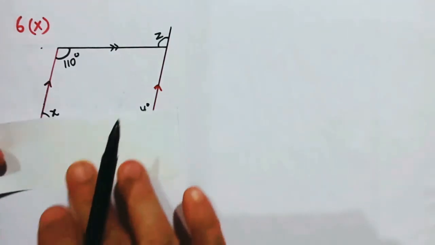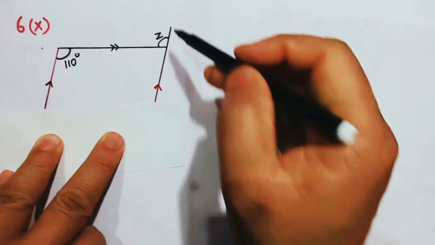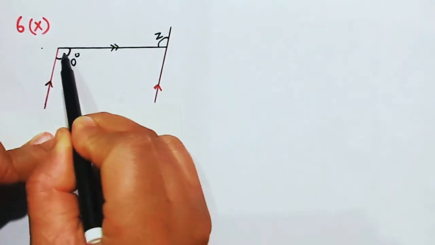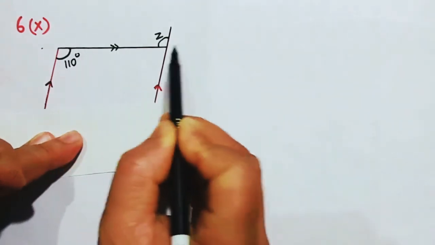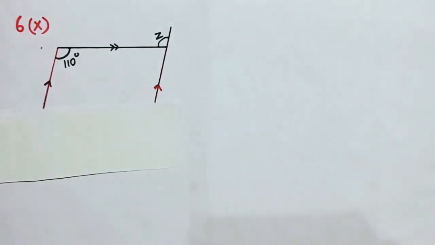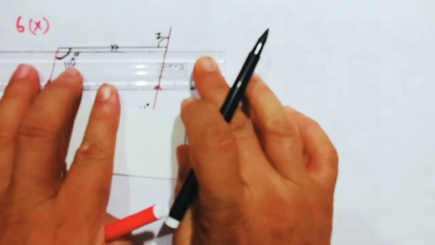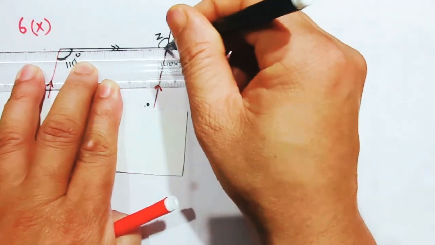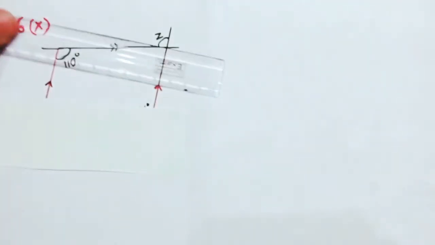So I will be looking at these two parallel lines being intersected by this black one, isn't it? Let me produce it a little so that our problems can be solved very quickly.